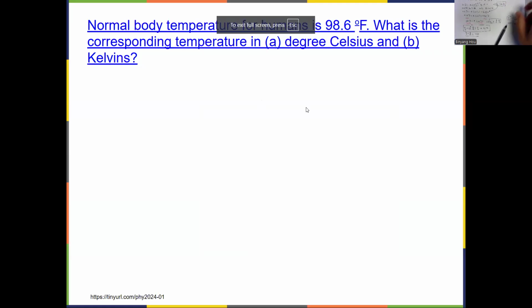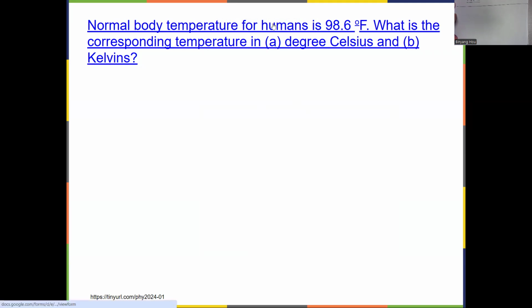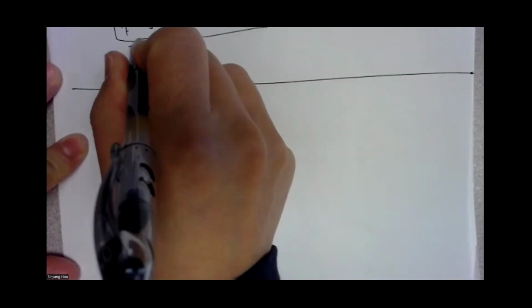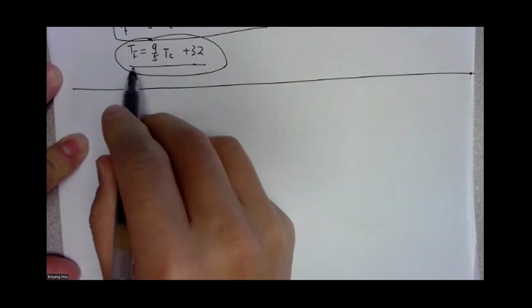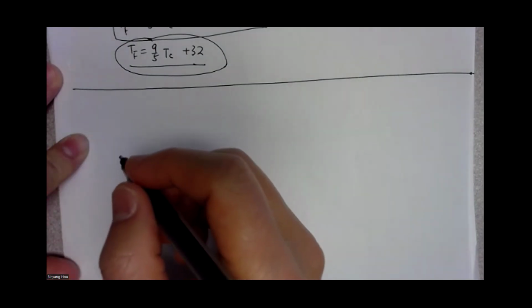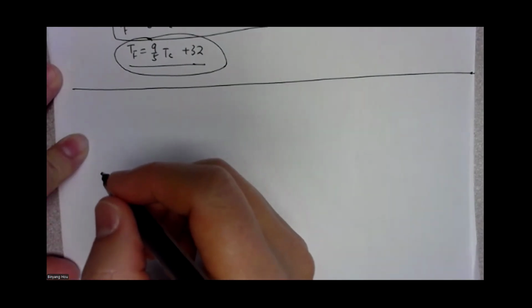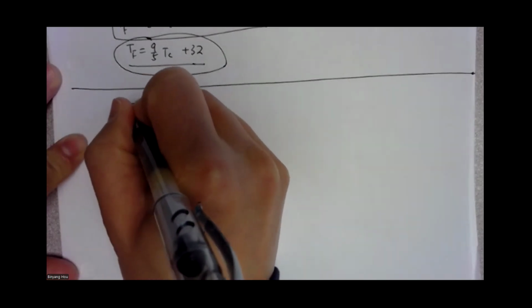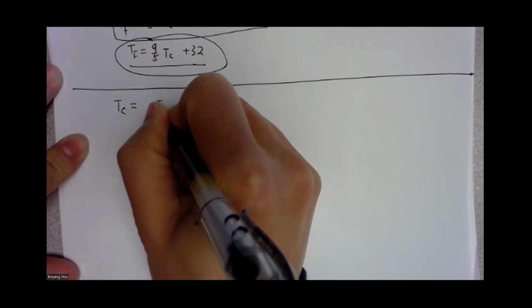I'm going to stop sharing so you can see this better. We're going to use this equation right above here, because we are converting from, actually, not that one, sorry about that. We are going from Fahrenheit to Celsius, so we should use the equation for converting from Fahrenheit to Celsius.